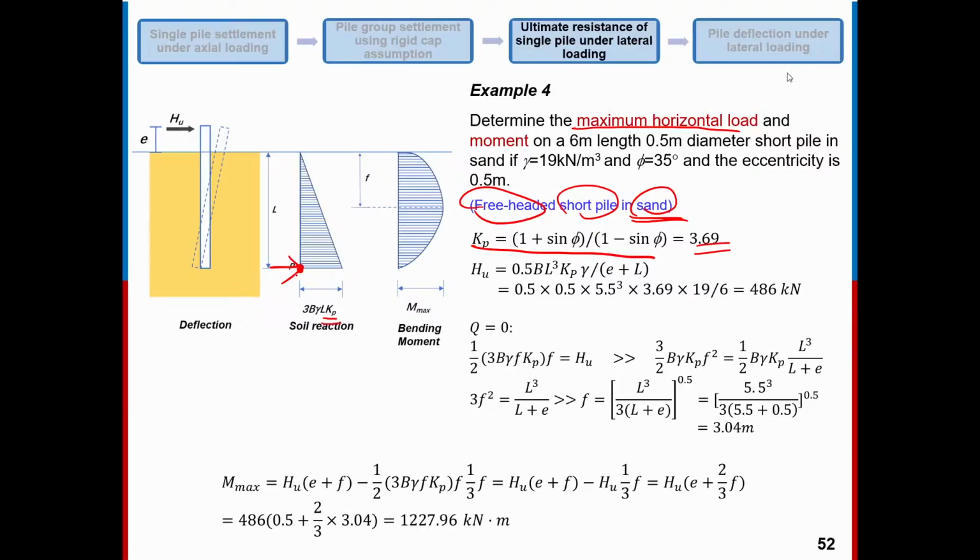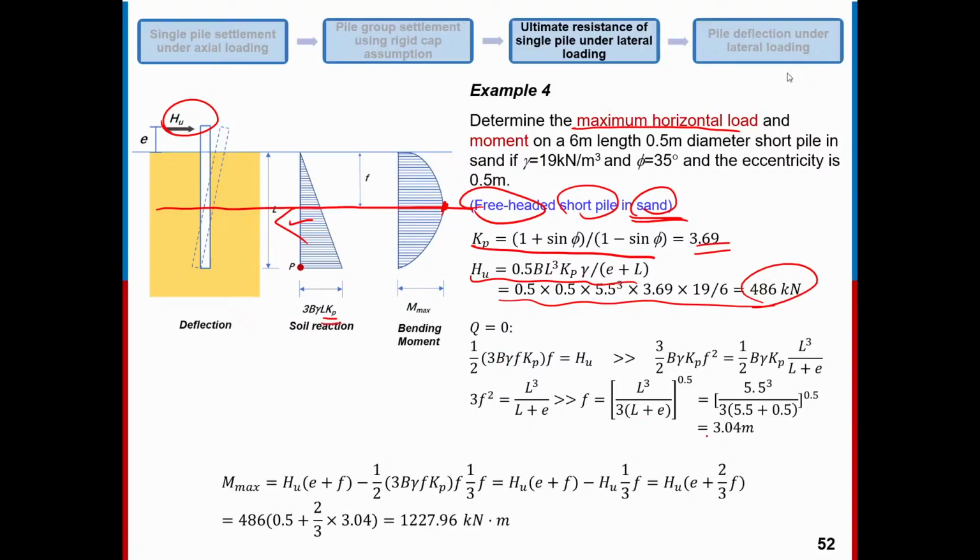If we take moment at this position, we don't consider this P value. Then we can get Hu from the soil force. So we can get the Hu value, and for calculating the maximum moment, first of all, we cut the pile at the position where the maximum moment occurs. We cut it first.